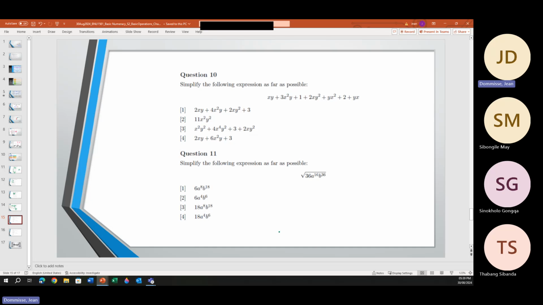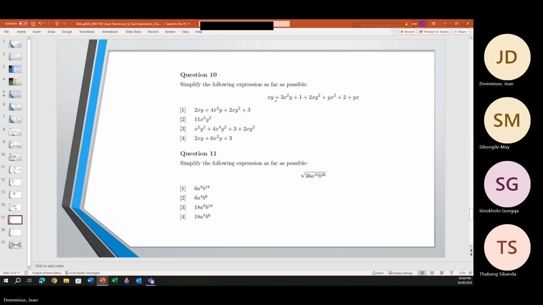That's why I want to show you guys this sometimes. For the previous ones there weren't answers, but depending on how we work it out, we can start eliminating some answers. So let's look at this. We need to simplify this expression.